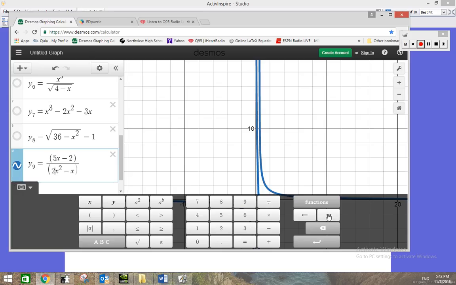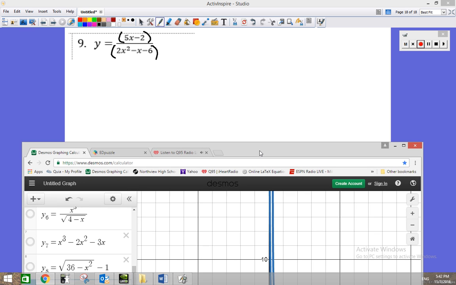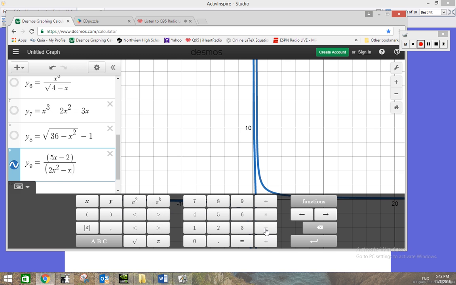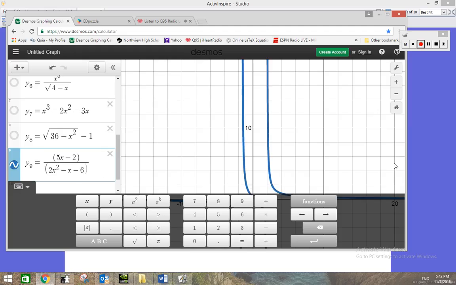And then minus x minus 6. This is definitely more important when you're plugging in numbers on a calculator, that denominator. So anyway, I've got parentheses, so I've clearly told the calculator, there's my numerator, there's my denominator, do that division.